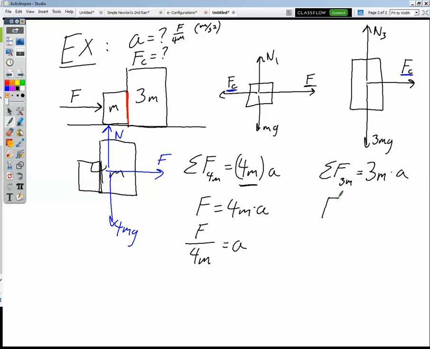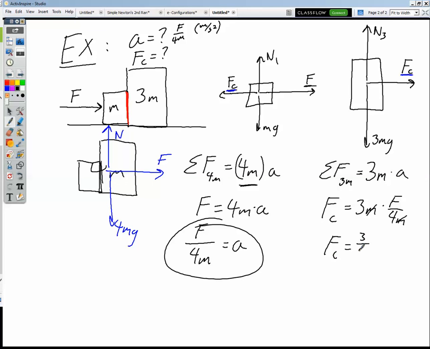So the only force acting on the block is Fc, horizontally, and that's equal to 3m times the big block's acceleration. The big block's acceleration is F over 4m. So we simplify here, m's cancel, and we see that the contact force is 3/4 of F.